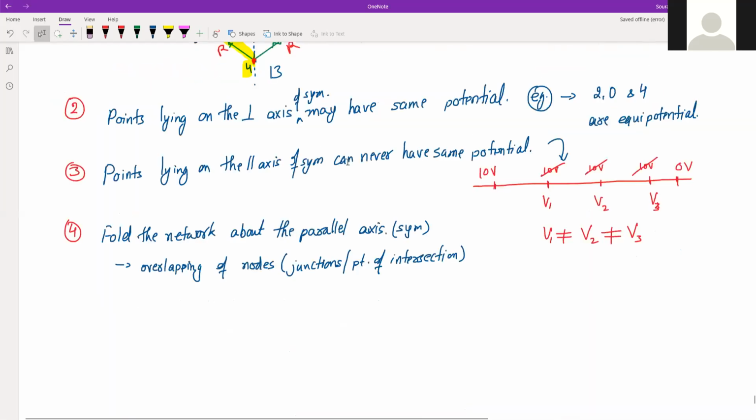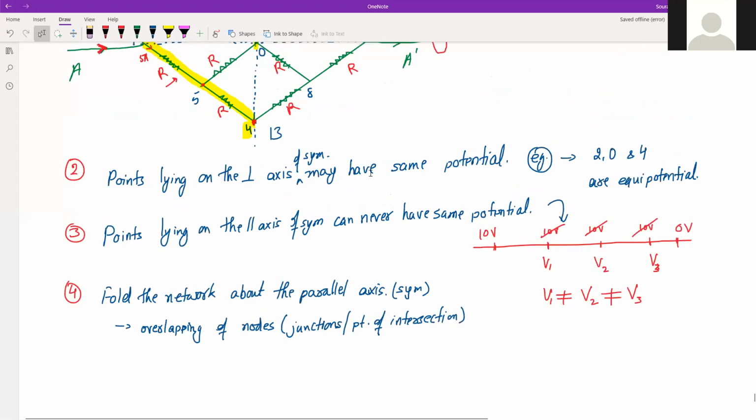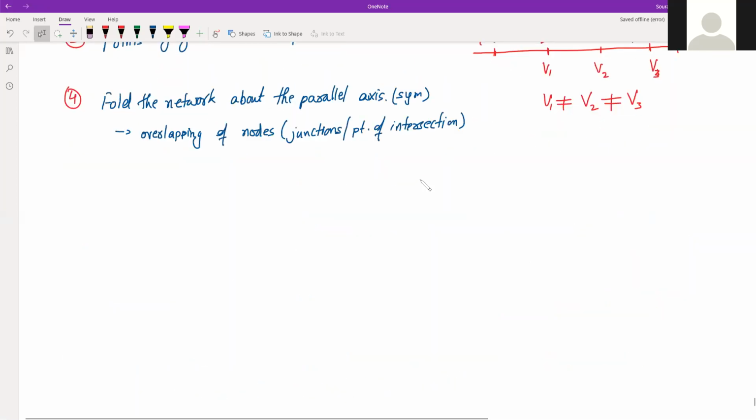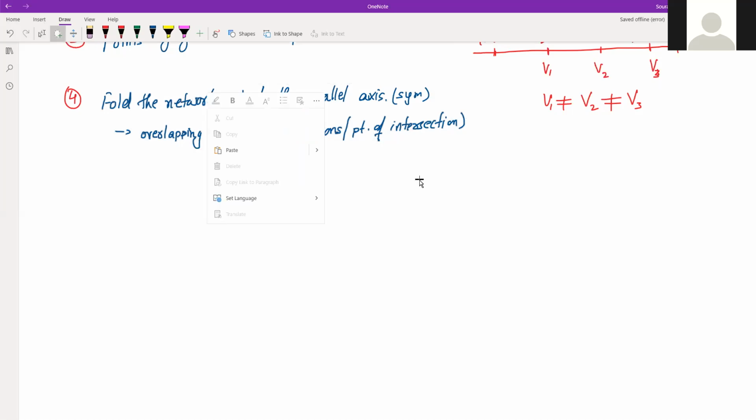Okay, or simply I can write here, assuming that you have understood what is there in the figure. I can say now clearly the points which are overlapping. So what are the points that are overlapping?